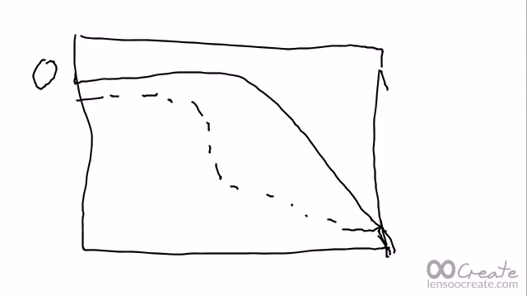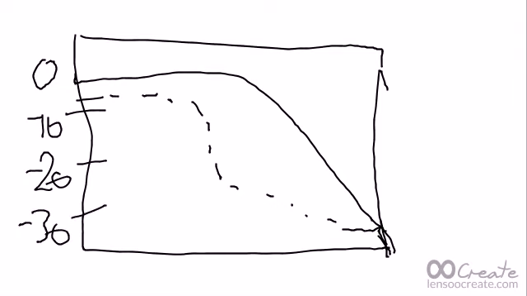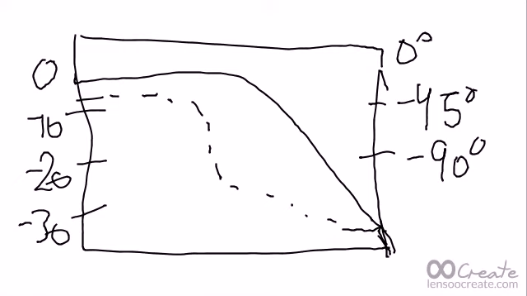Here you have your gain axis, minus 10, minus 20, minus 30, and so on. And here you have your phase axis, 0 degree, minus 45 degree, minus 90 degree, minus 135 degree, and this one will be minus 180 degree.